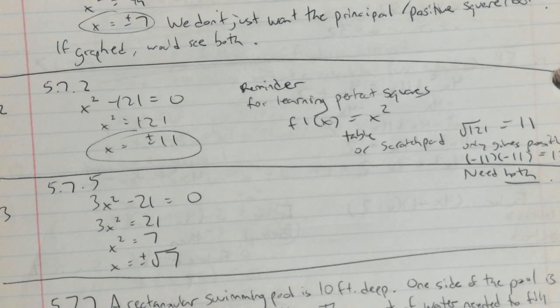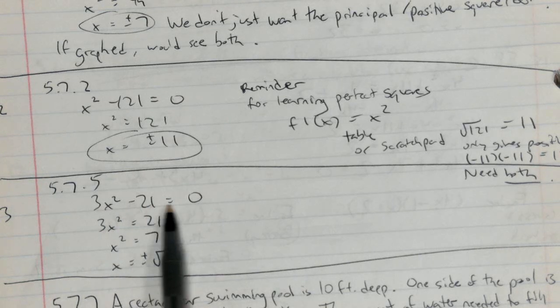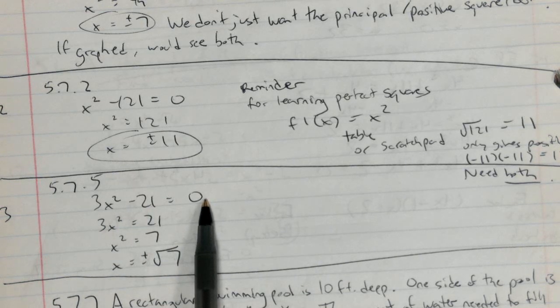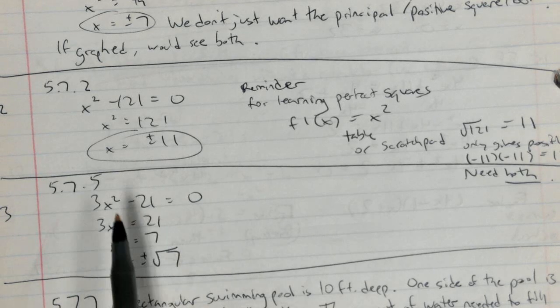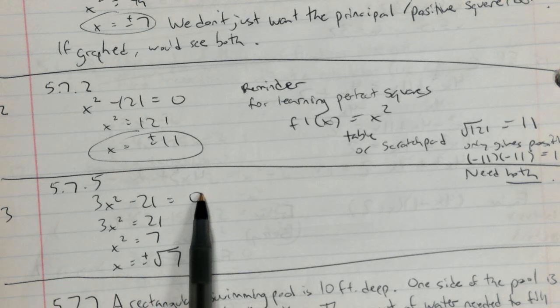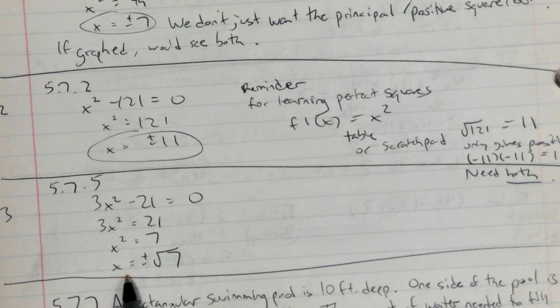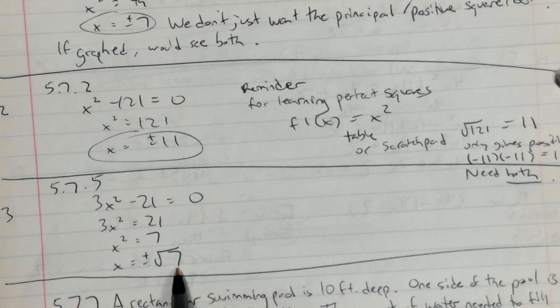All right. On the next one, we have 3x squared minus 21 equals 0. So one way to do this is to bring the 21 over to this side, and then divide, and so you get x equal plus and minus square root of 7.